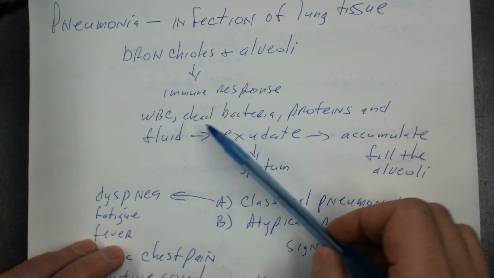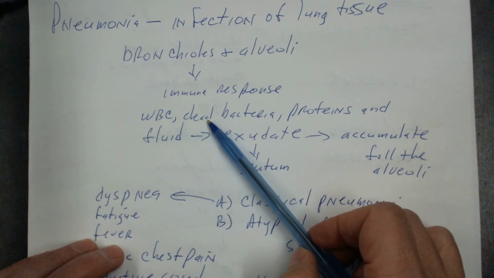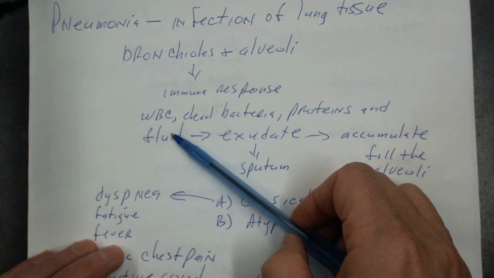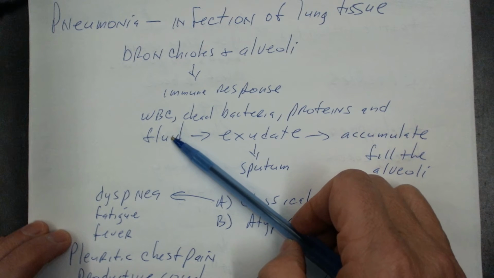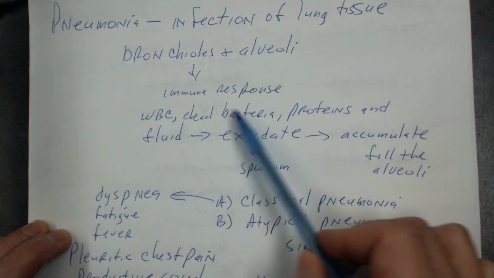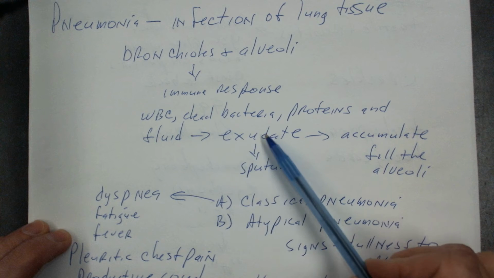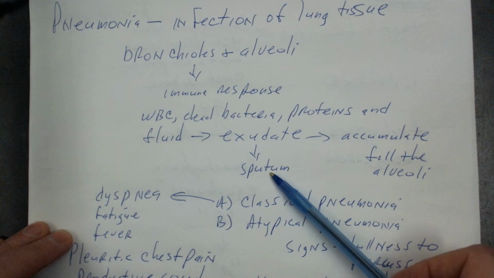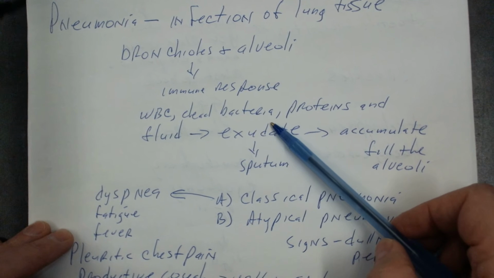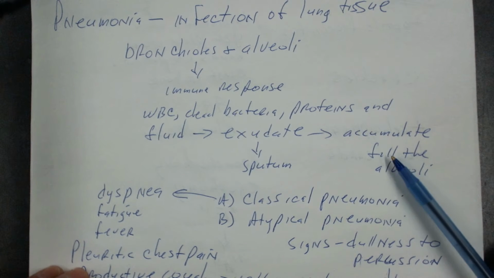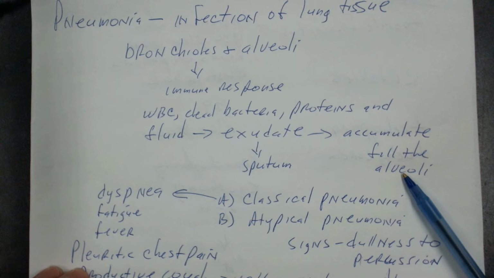The immune response brings white blood cells, dead bacteria, proteins, and fluid into the alveoli and bronchioles. This mixture of materials is called an exudate. If you cough it up, it's known as sputum. If the exudate stays in the lung, it fills the alveoli.